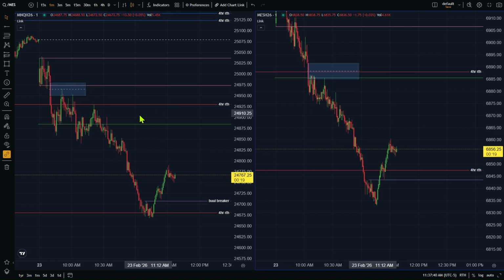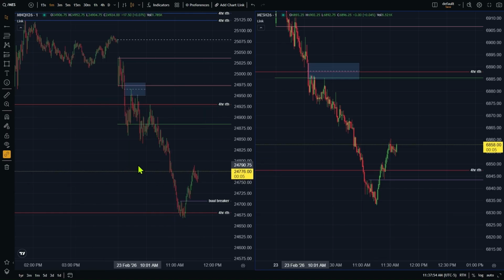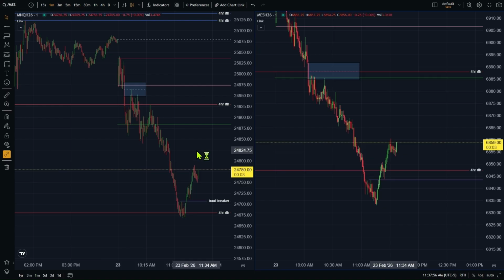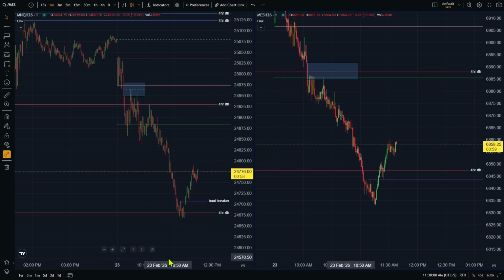Been working real hard on controlling my fear. I think I posed the question a while back about how can I get on here, mark out these levels, and say it's highly likely that the market is going to trade down to here or wherever it ends up trading down to.